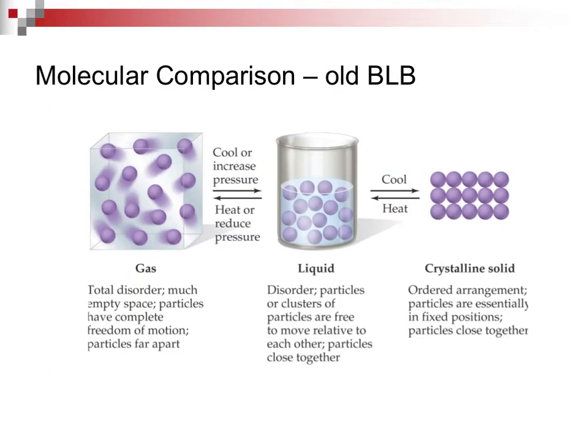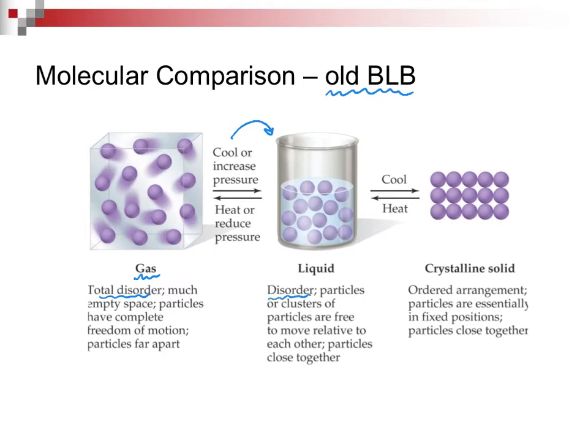But what I want to do is focus on something. In an older version of Brown-LeMay-Bursten, we had what I think were really great pictures. It showed a picture of a gas that had total disorder, and particles have complete freedom of motion, and they really are further apart, but the artist drew them this way. Then it says if I cool these or increase the pressure, what happens is they have less order.